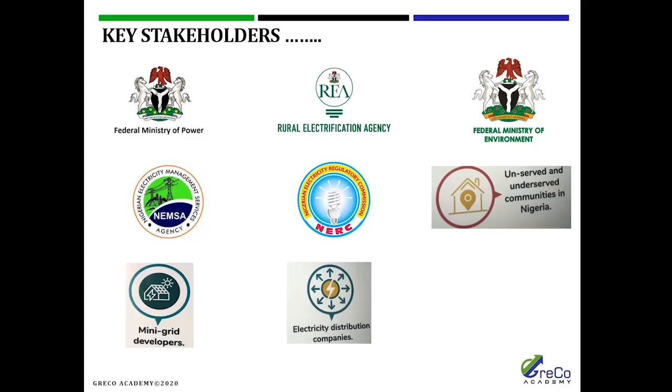Starting from the Federal Ministry of Power, to the Rural Electrification Agency REA, to the Federal Ministry of Environment, NERC, NEMSA, the mini-grid developers themselves, and even the DISCOs, and finally the community people that will serve as customers to the power that will be produced. Each of these organizations or agencies or bodies have responsibility towards achieving the aim of the power sector.